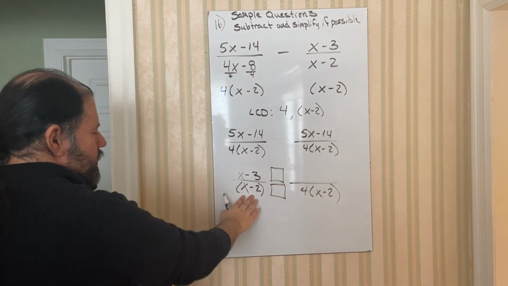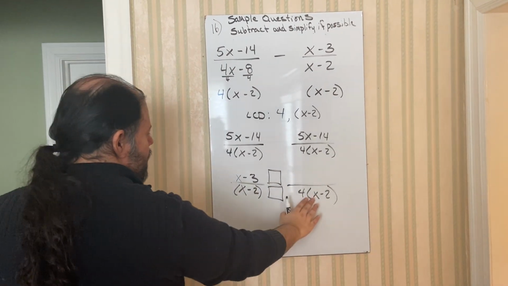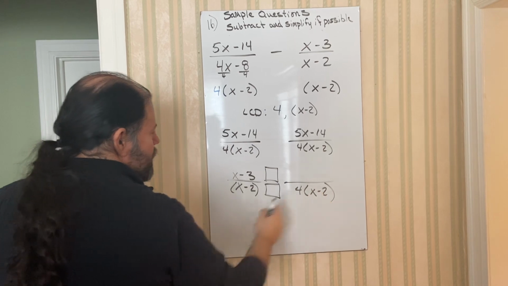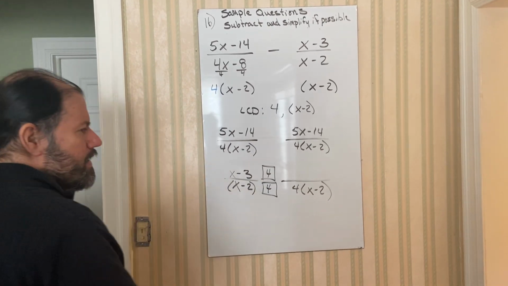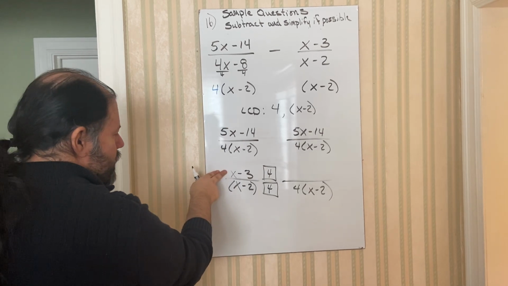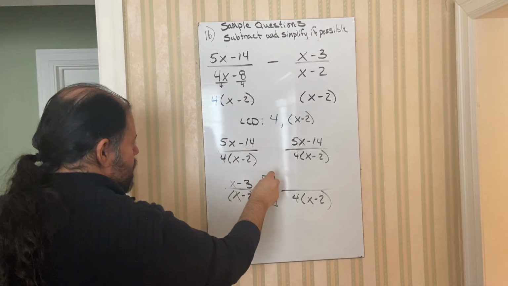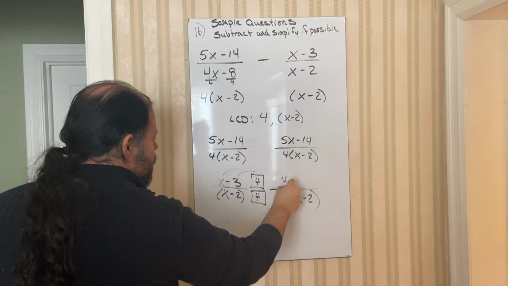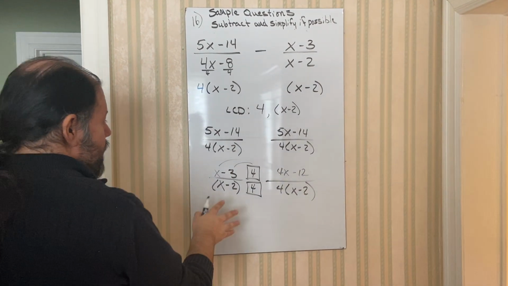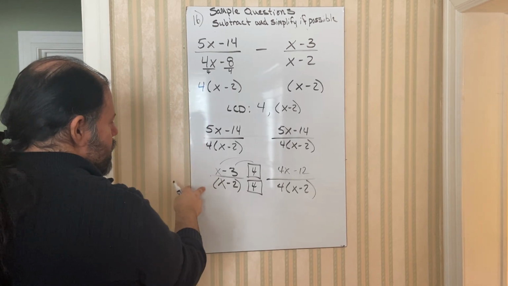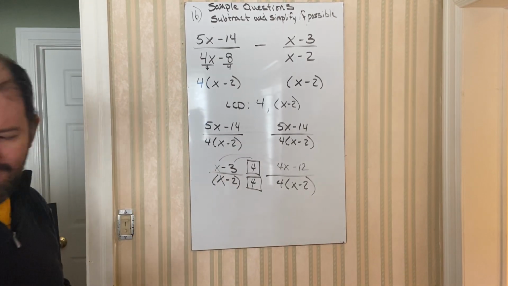See how it was originally x minus 2, the factored form? And then our LCD is 4 and x minus 2. So you can see the extra piece is 4. To get the new top, you have to take the old numerator times the box. When you distribute, you're going to get 4x minus 12. So instead of using the originals, let's use the equivalents.